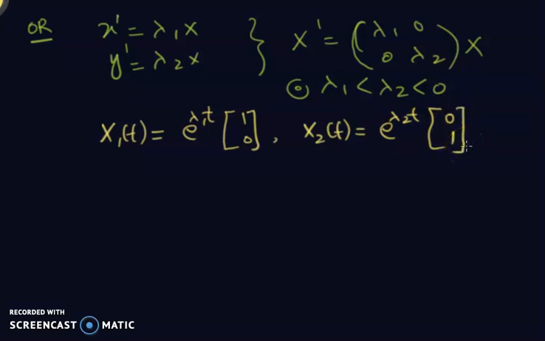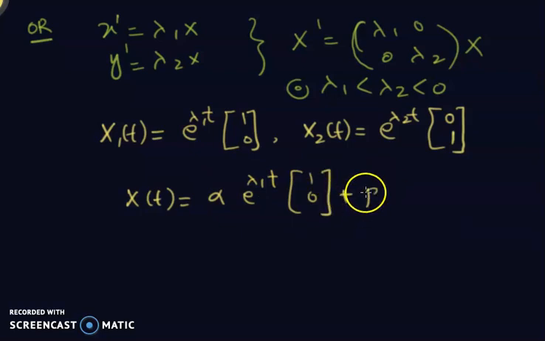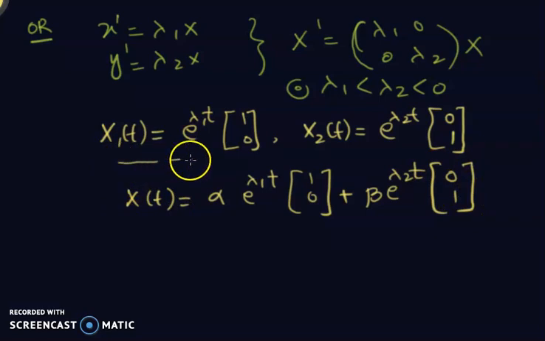It's not hard to show. The computations are the same as in the case of the saddle. So the general solution is alpha times e to the lambda 1 t (1, 0) plus beta times e to the lambda 2 t (0, 1).